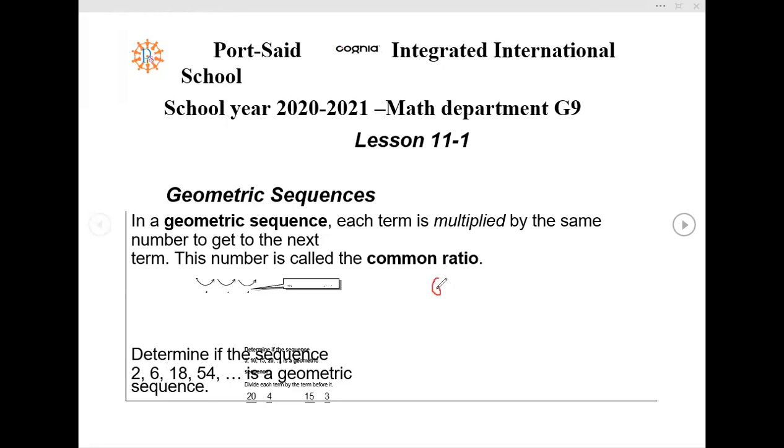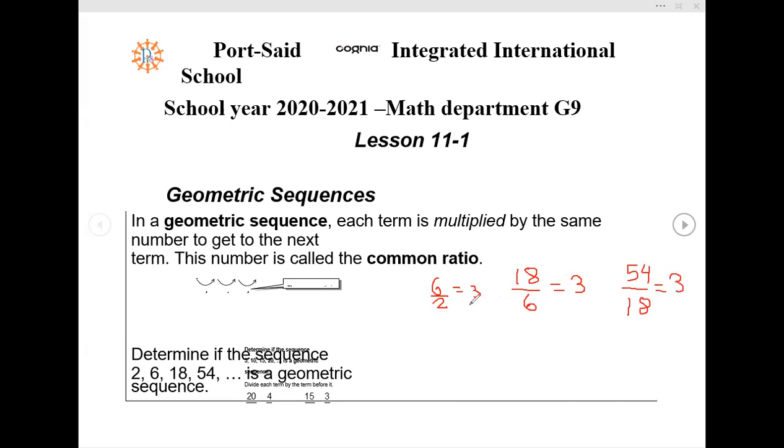So 6 divided by 2 equals 3. Then for the second one, 18 divided by 6 equals 3. The third one is 54 divided by 18, which is also equal to 3.